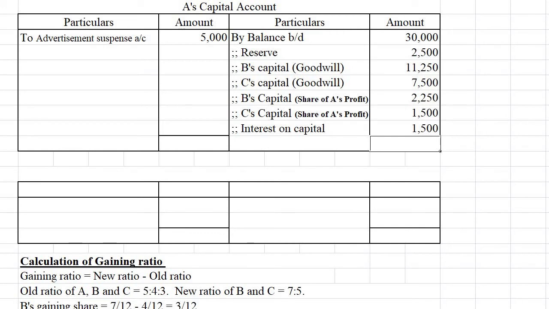Okay. So let us total the account. All other adjustments are over. Now we can total the account. 56,500 can be transferred to the debit side. Okay. So the balance is 51,500 that can be transferred to his executor's account. Okay.